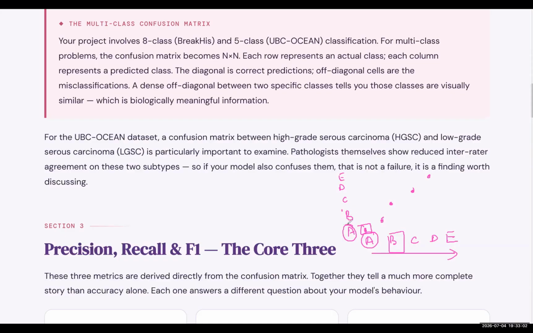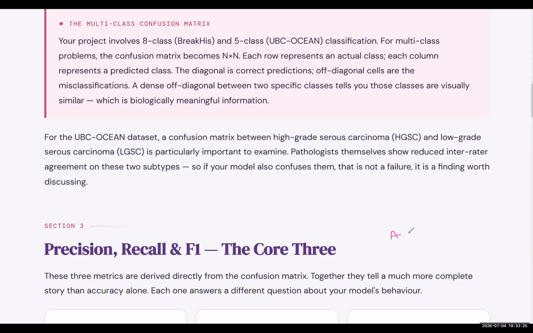If it is B and predicted B, this box will give you that number. If it is C and predicted as C, this box will give you that number. So in a confusion matrix, you have to look at the values of the diagonals. Those are the true predictions, the correct predictions that you have got.